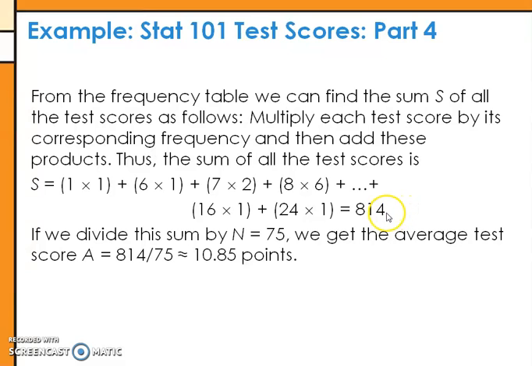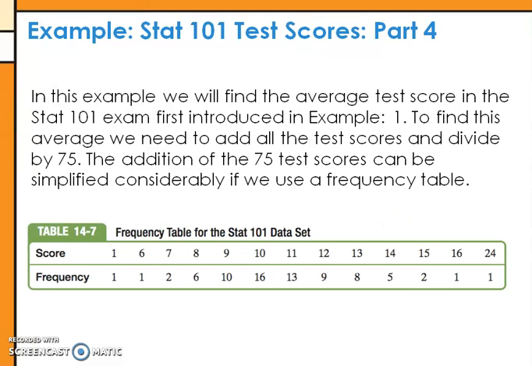All right, well, how many numbers are there? Sometimes they tell you right in it. If they don't, if you add up all the frequencies, then that's telling you how many times each number appears. That should give you the total number of numbers. And so if I add them up here, this was for 75 test scores. So if I added up all the frequencies, that should add up to 75. And so this is a total, after I do all that multiplying, of 814, and there's 75 different numbers.